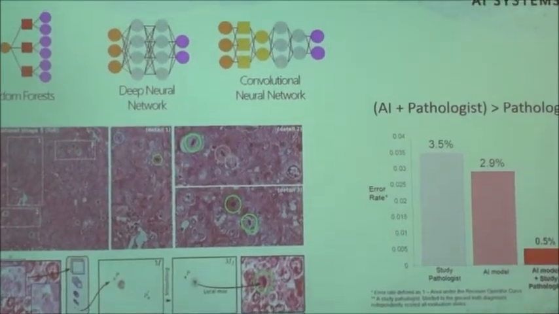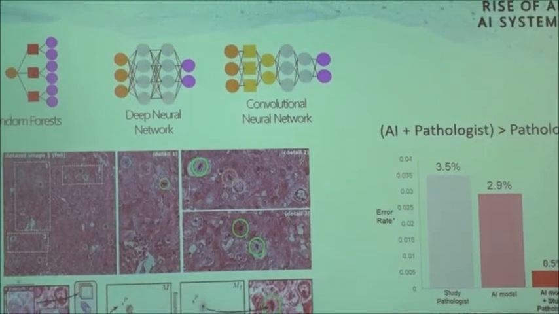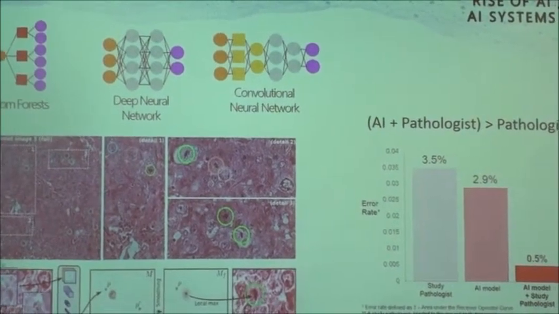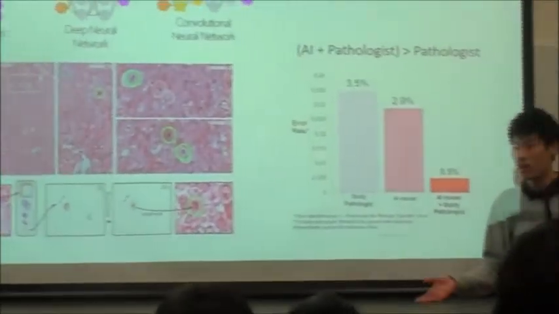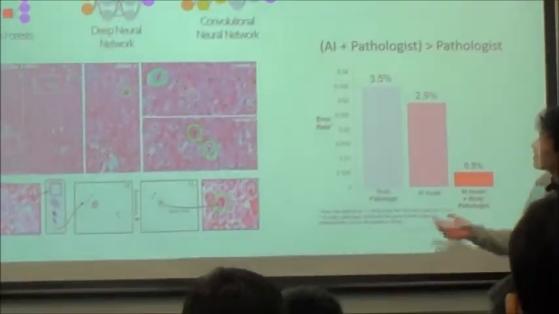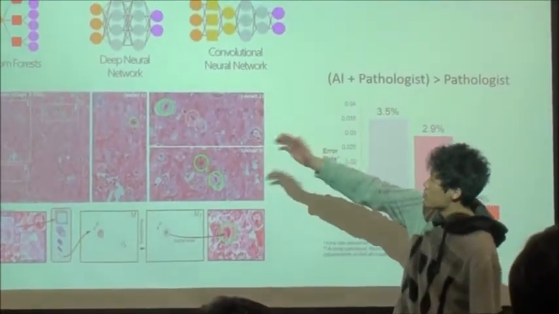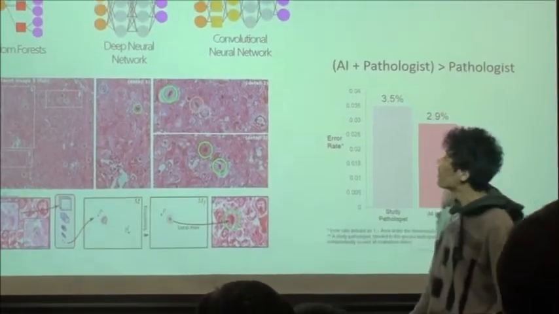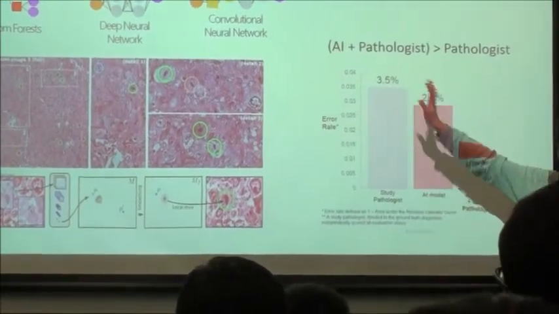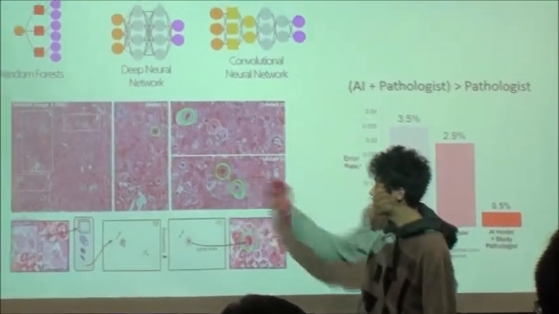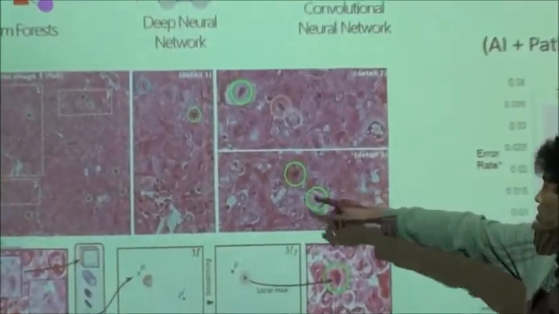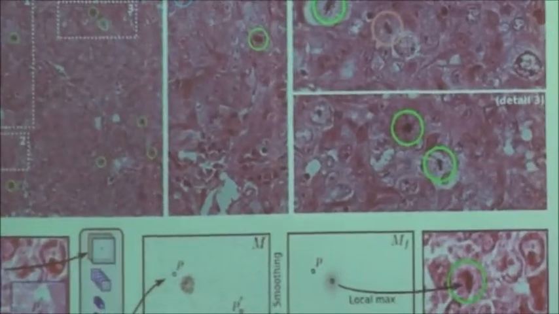Okay, we kind of know what data science and artificial intelligence are, but how are they used in real life? Is it even useful? Using random forests, deep neural networks, and convolutional neural networks, which we'll all learn this semester, they can find which of these cells are cancerous, right?